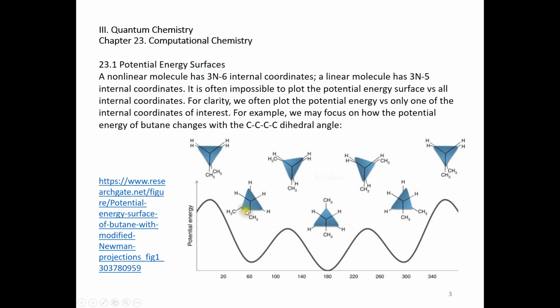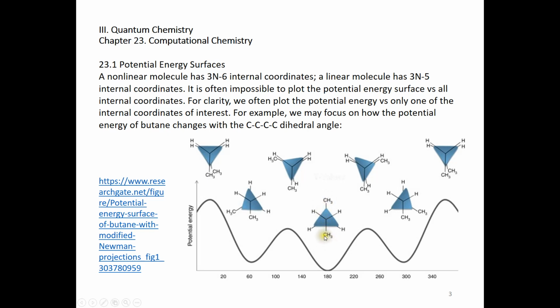For these two, the dihedral angle is 60 here. Over here, this is 300, which is actually 60. And compared to the middle one, you can see these two methyl groups are still closer to each other than in this configuration, in which these two methyl groups are pointing in completely opposite directions.